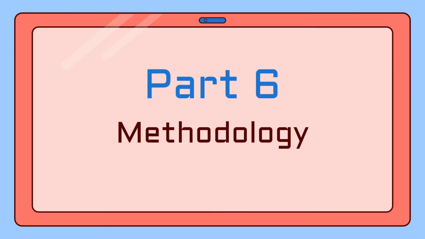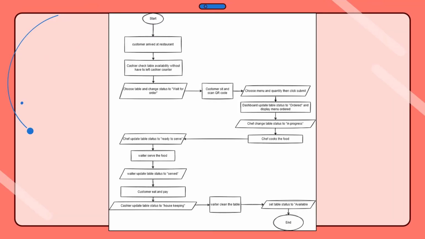Part 6, methodology. So the flowchart will start when the customer arrives at the restaurant. The cashier will be in charge. The cashier will check the table availability through their smartphone without having to leave the cashier counter. Then, after viewing the available tables, the cashier will choose the table and change the status to wait for order.